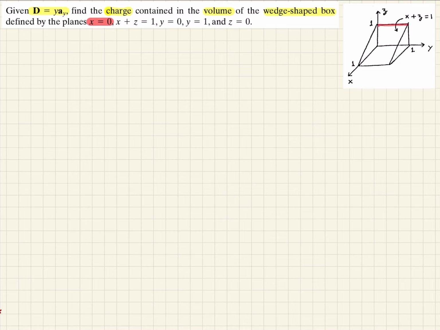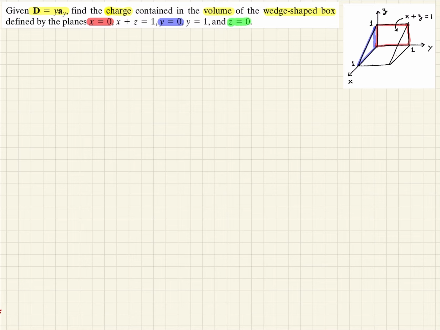So in this drawing here, that's going to be this plane here. x is equal to 0 everywhere in that plane. We also have the plane y equals 0. So that would be this plane here. Right there.